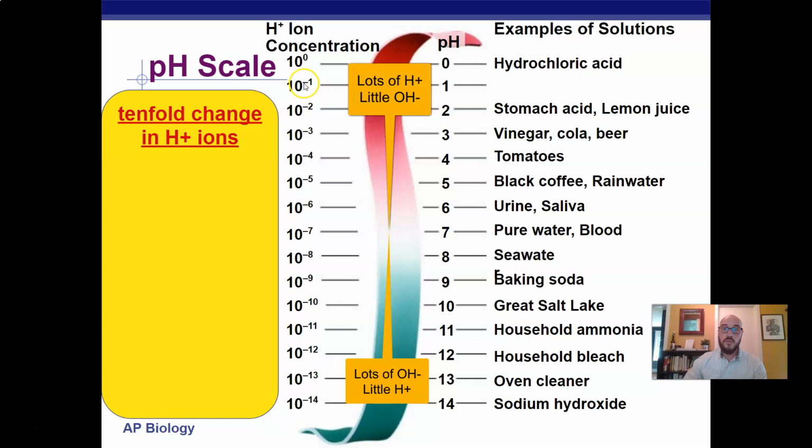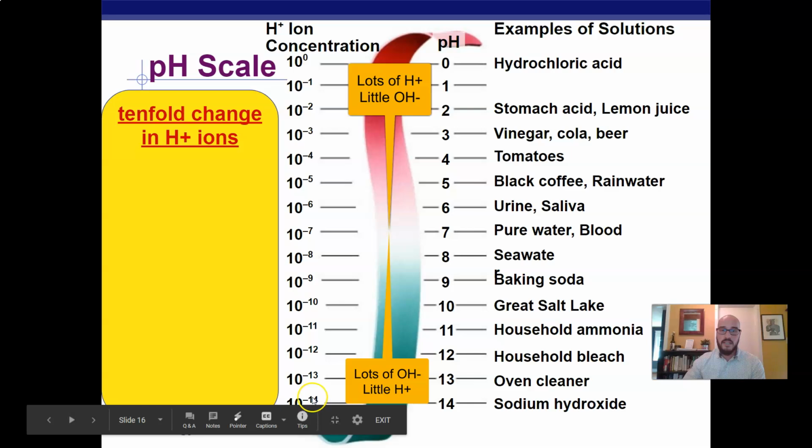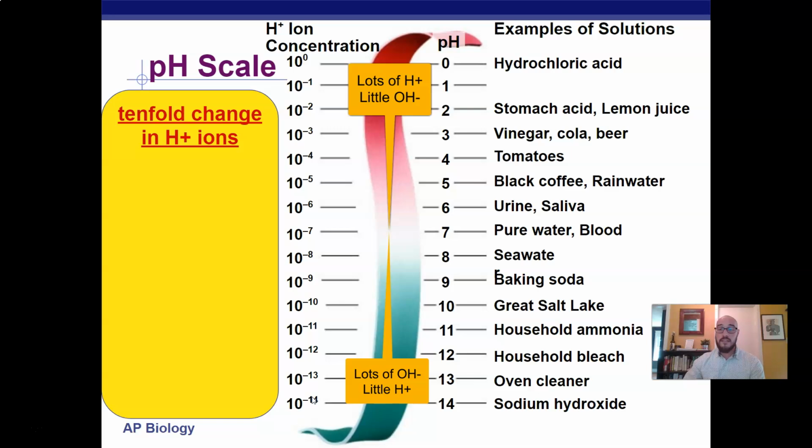So 10 to the negative 1, remember that's making a decimal, 10 to the negative 1, that's a relatively high concentration of ions, whereas if we go all the way down here, 10 to the negative 14, that means there's not going to be that many hydrogen ions, okay? It's going to be very, very basic.